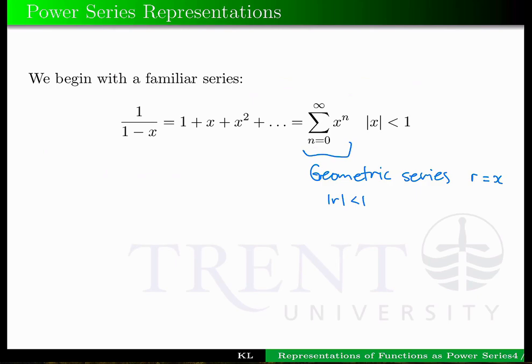And furthermore, the power series, say r to the n, from 0 to plus infinity, this is 1 over 1 minus r. But r equals x. So you get this 1 minus x in the denominator. Therefore, what this means is that if you look at this function 1 over 1 minus x, and the absolute value of x is less than 1, then you can write it as a power series.